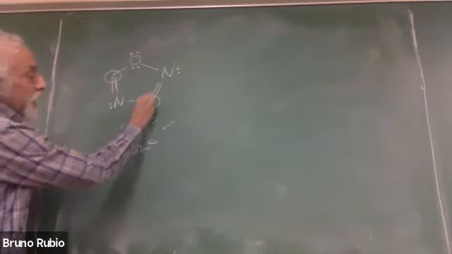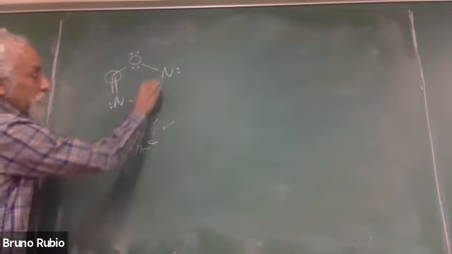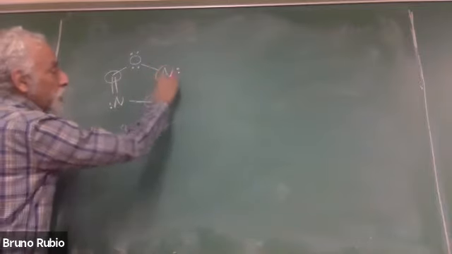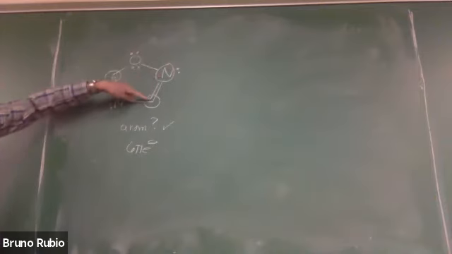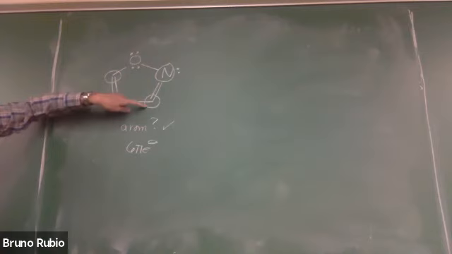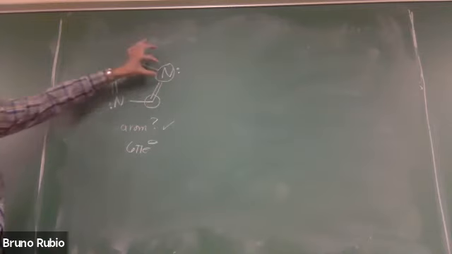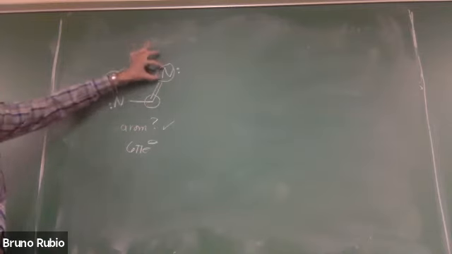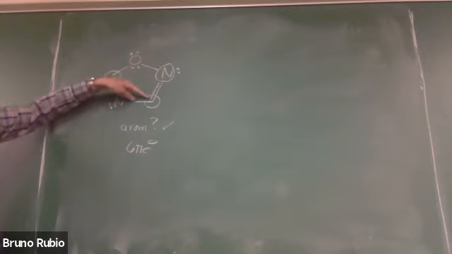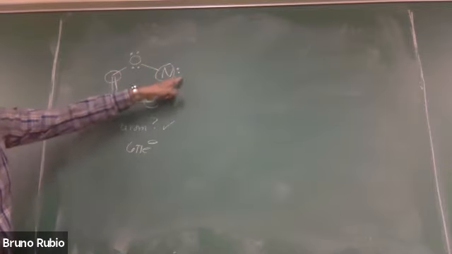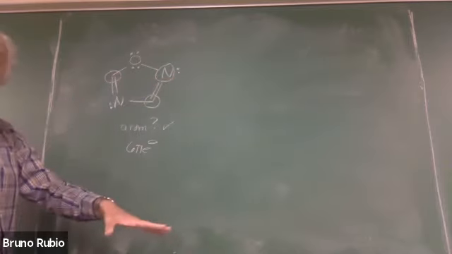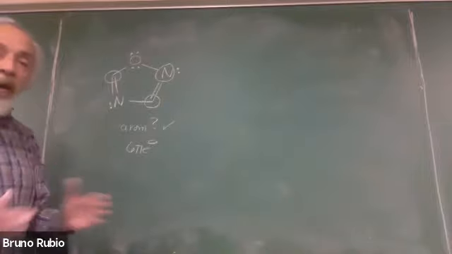See this line here? That means there's a p orbital on this nitrogen with an electron in it interacting with a p orbital on the carbon with an electron in it. We know what it's doing. It's forming the pi bond to the neighboring carbon. But this unshared pair of electrons is not in a p orbital, in and out or otherwise.